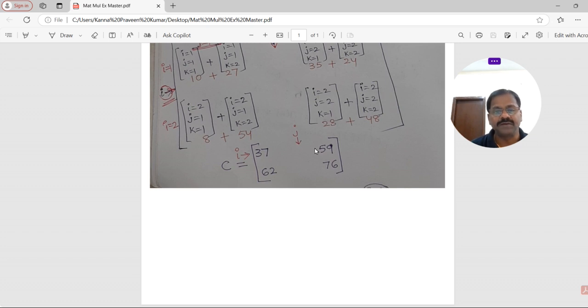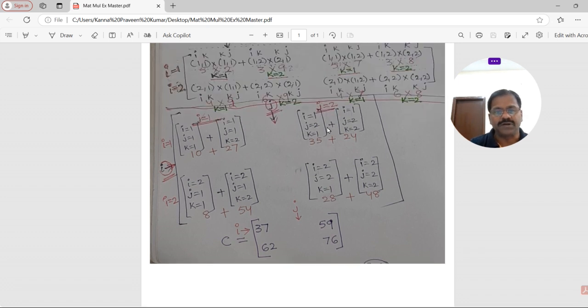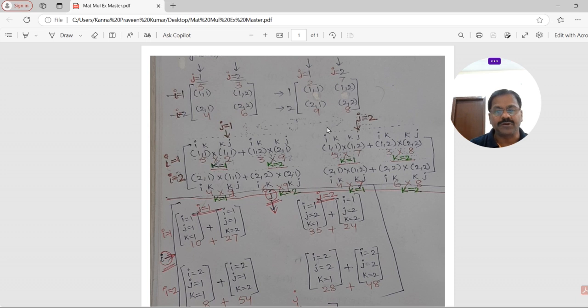For example, if we have 2 by 3, 3 by 2, 2 by 2. Okay, for example, 5 by 3, 3 by 2, 5 by 2. Okay, so the columns of the first matrix and the rows of the second matrix should be equal, then only multiplication is possible. Okay, this is an example for the explanation of a program.